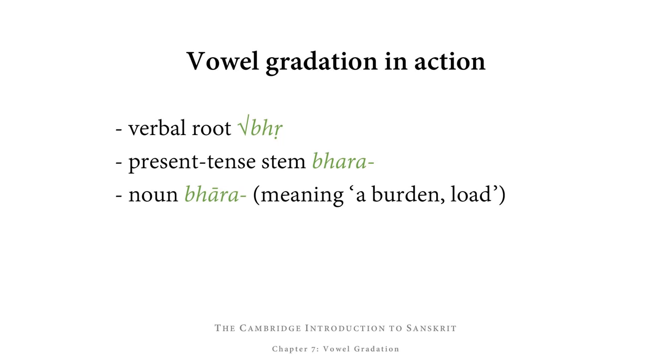So what we have here is in the verbal root the vocalic ṛ, bhṛ, but in the present tense stem, we have an r that is preceded by a short vowel a, and in bhāra, we have this r being preceded by the long vowel ā. And this pattern of simple vowel, ṛ, vowel preceded by a, ar, vowel preceded by long ā, giving you ār, is something that we find throughout Sanskrit and throughout all of the simple vowels.